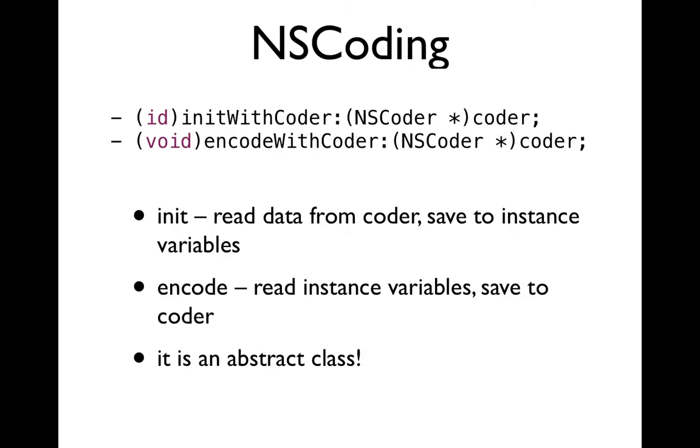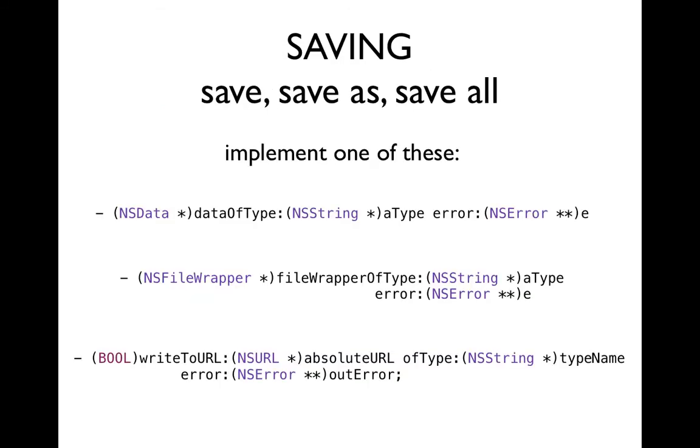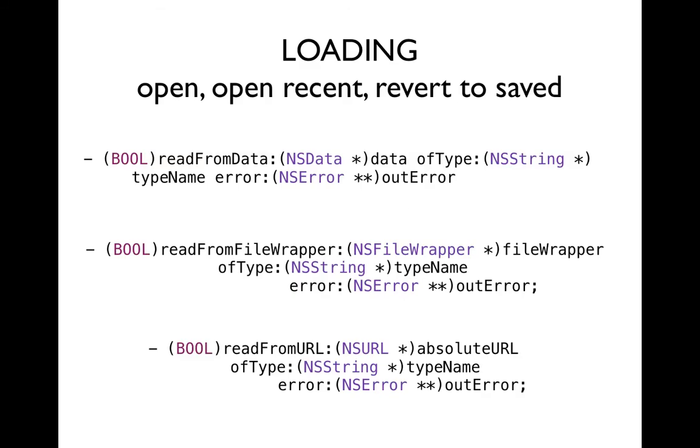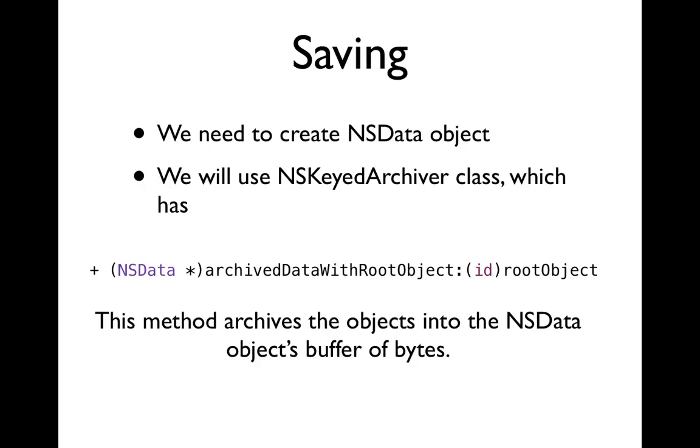So we used NSCoding, and this is really simple because we again used something that was provided for us, and we implemented some of those methods to do saving and some of those methods to do loading. We basically created an NSData object which is just a stream of bytes, and we wrote that stream of bytes onto the file system, and later when we wanted to load it, we read the stream of bytes and decoded back from NSData into the object.